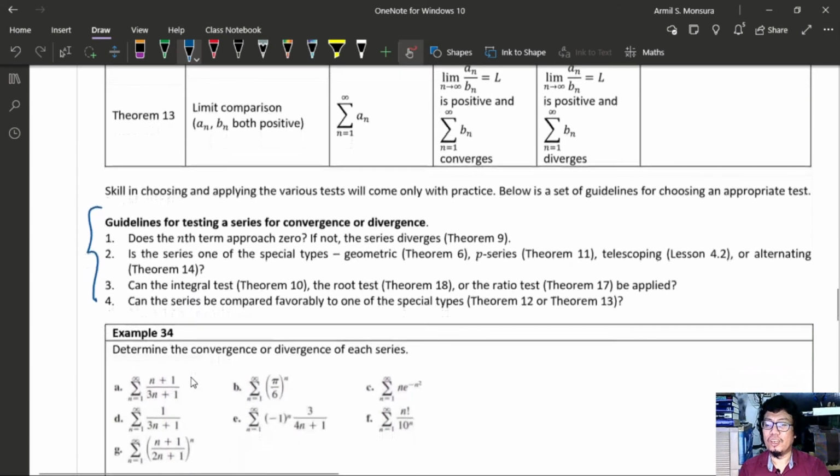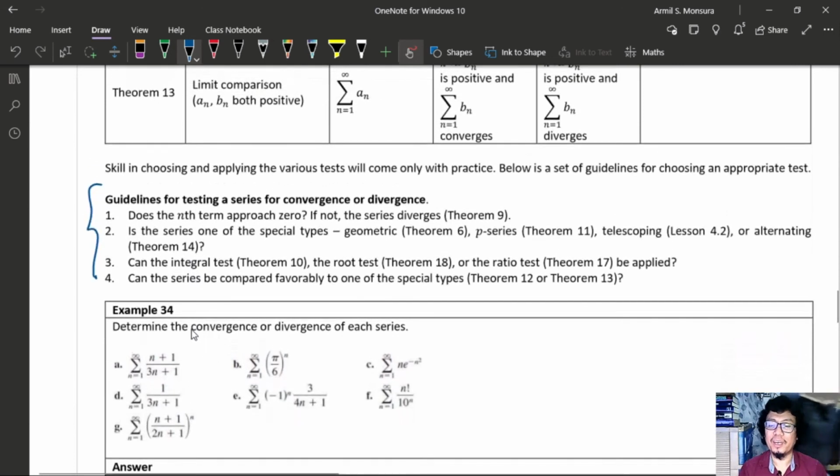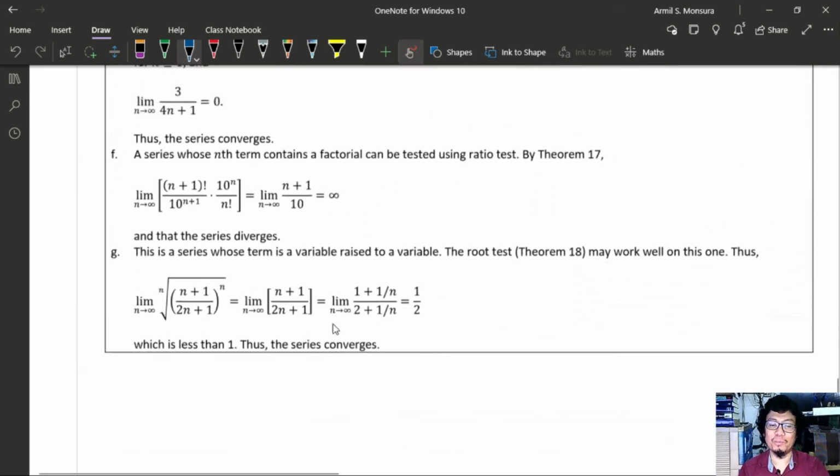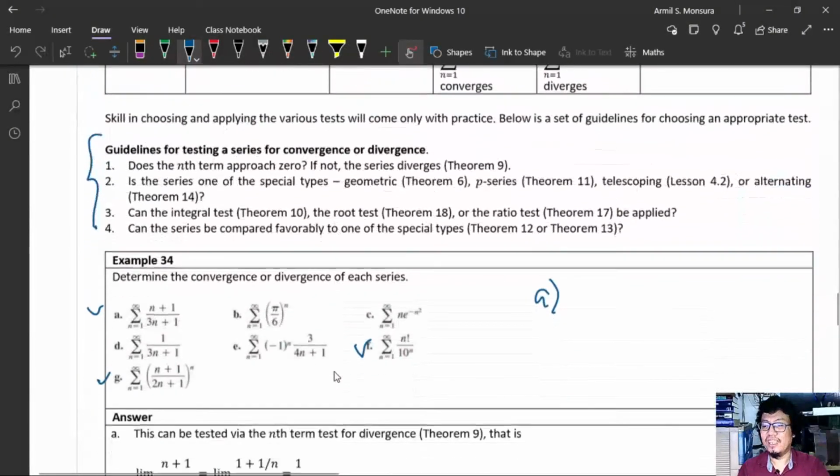So let's try them in example 34. I'll work on the first few examples here, probably A, F and G. But anyway, all of them have already been solved.